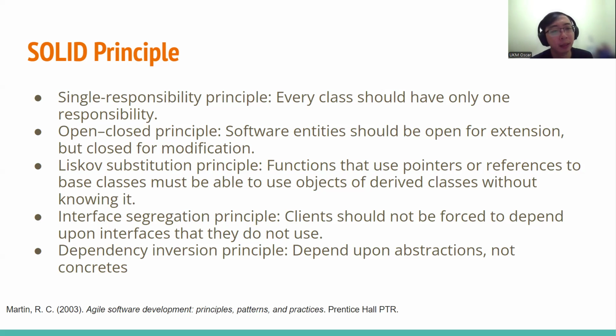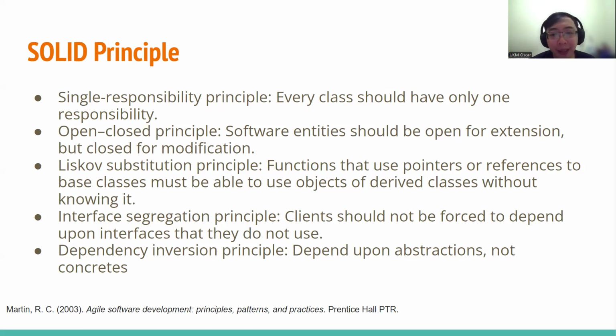And then another thing is the interface segregation principle. Clients should not be forced to depend upon interfaces that they do not use. So basically, when you use interfaces, try to make sure that all of the interfaces are used and are relevant to any classes, any objects that implement them. And the last thing is the dependency inversion principle.